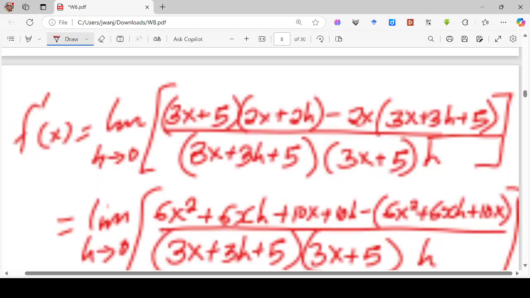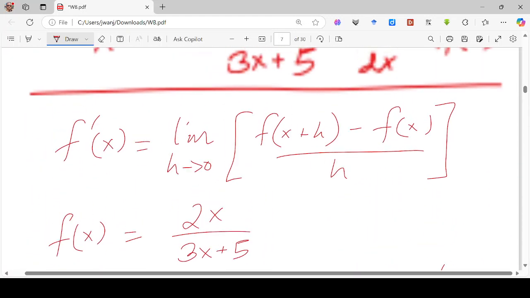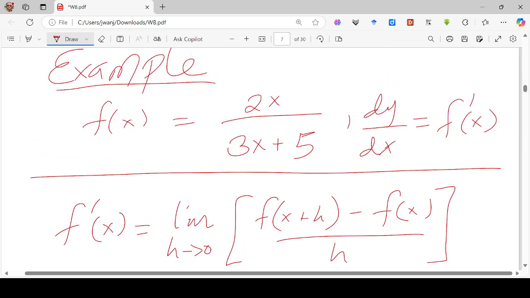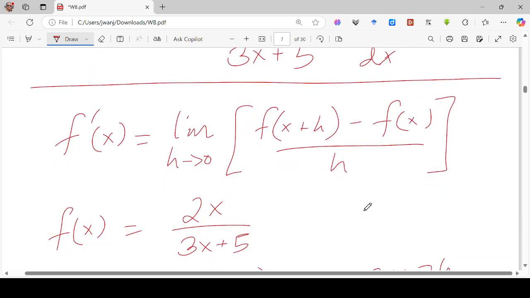Notice the steps. If we're asked to find the derivative using first principles, the first step is to write the definition of the derivative: the limit as h approaches 0, f of x plus h minus f of x divided by h.